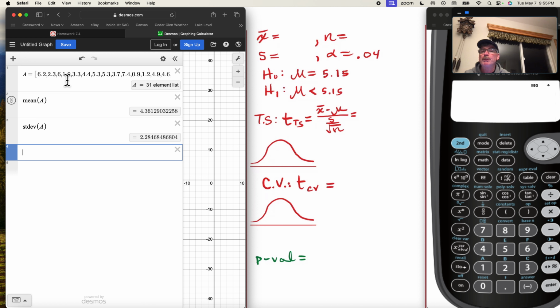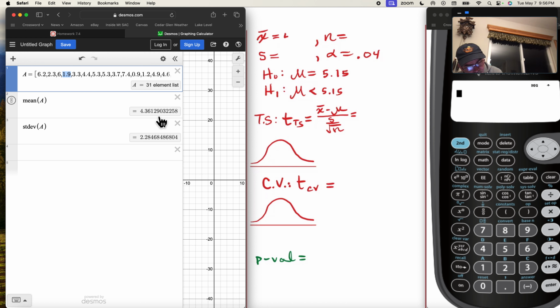We should carry one place more after the decimal when we do averages. These have one after the decimal, so we're going to do two here. So for the mean, we'll go 4.36, and the sample standard deviation is 2.28. Okay. And my sample size is 31 here.